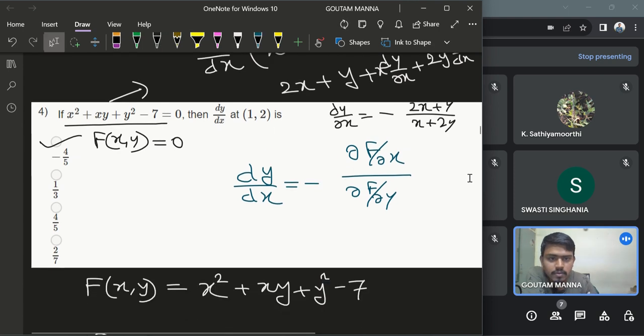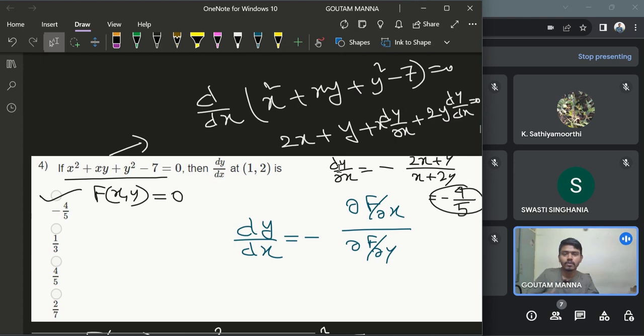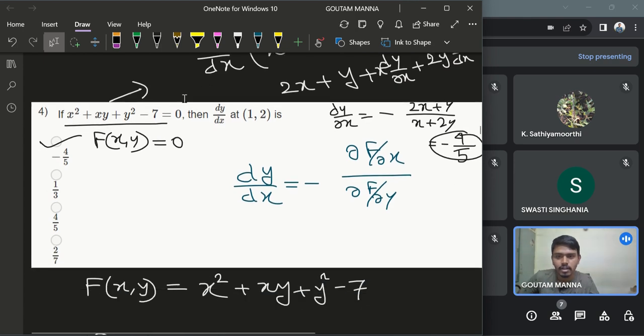I think we'll get the same thing, minus 4. So you can just directly take the derivative with respect to x and find dy dx here.